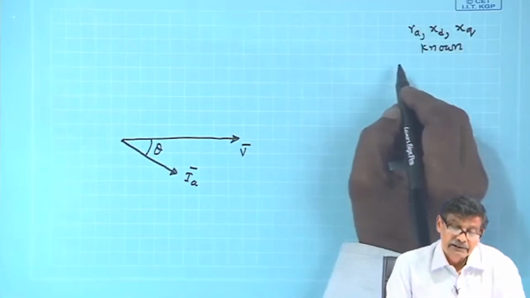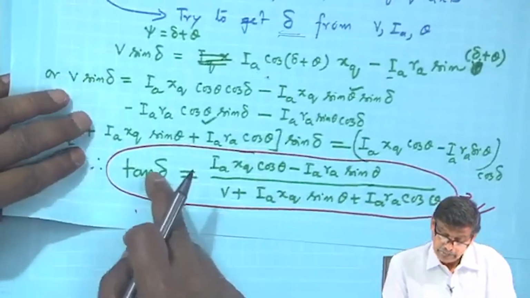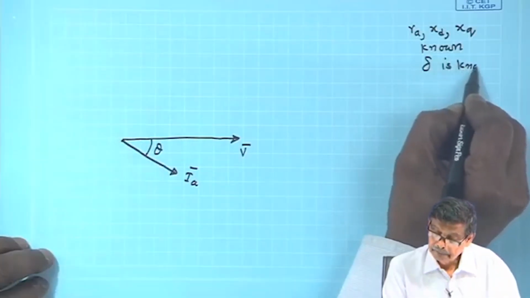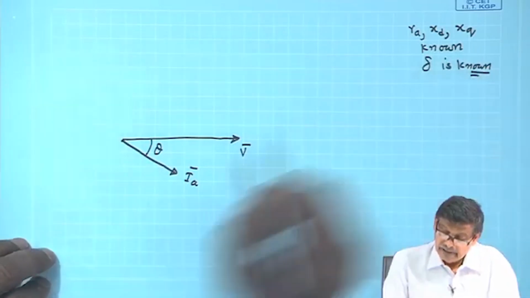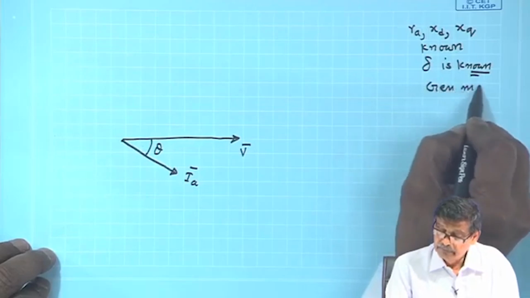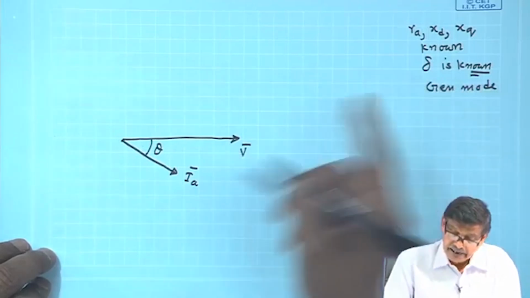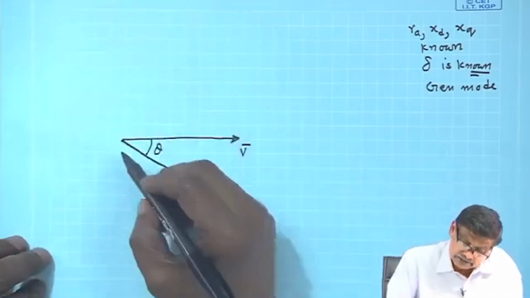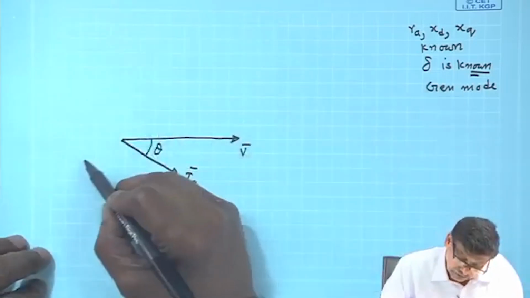So, calculate tan delta from this expression, delta is known. And then, it is generator mode, so Ef, which is on the q axis, must be above V.